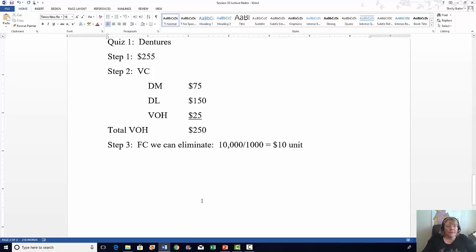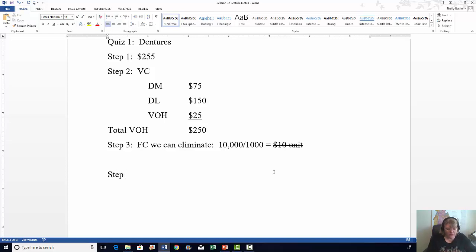Now, the key word here is allocated. So they have these costs, but that's where they allocate them. They still are going to have those costs if they eliminate that department. So we cannot say that that will be eliminated. So that's not a relevant cost to this decision. So even though it's allocated, it cannot be eliminated because it's costs they already have.